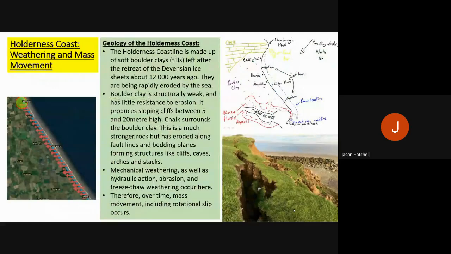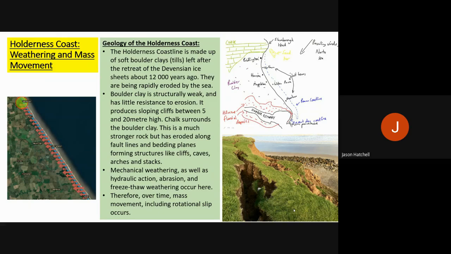Back to the Holderness Coast briefly, and we're going to look at the geology of the coastline, which I've already mentioned, and how weathering and mass movement play a role there. The Holderness Coast is mainly made up of boulder clays, which are very soft, and they were left behind after the Devensian ice sheet about 12,000 years ago, and they're rapidly eroding.